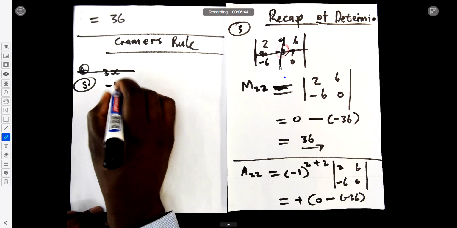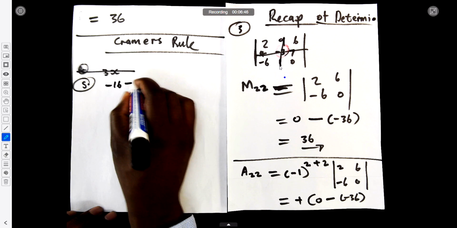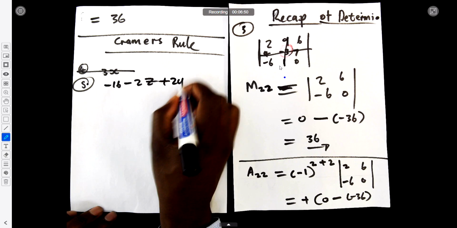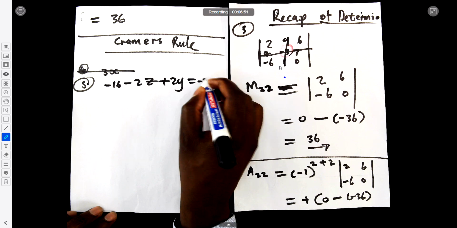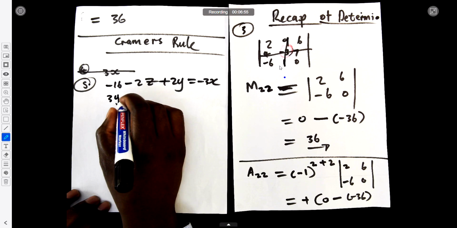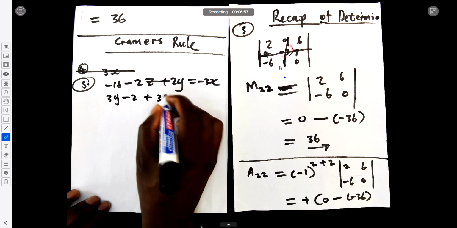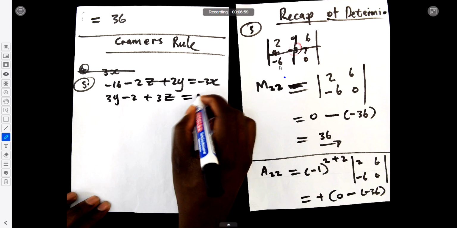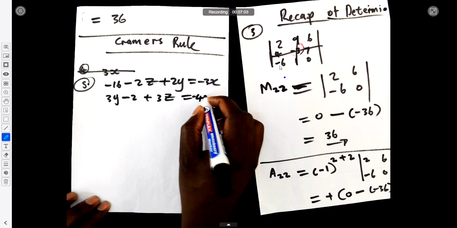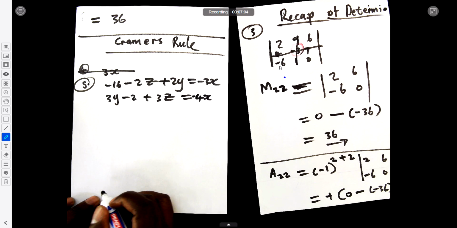So I want 3 systems of equations. So we have negative 2z plus 2y equals to negative 3x. We have positive 3y minus 2 plus 3z equals to negative 4x.